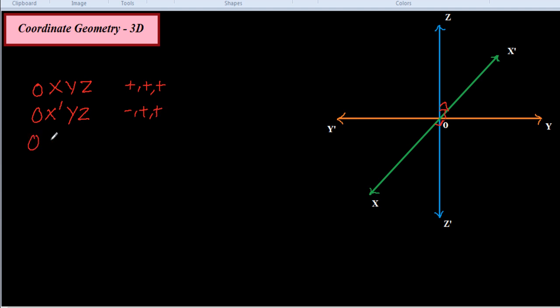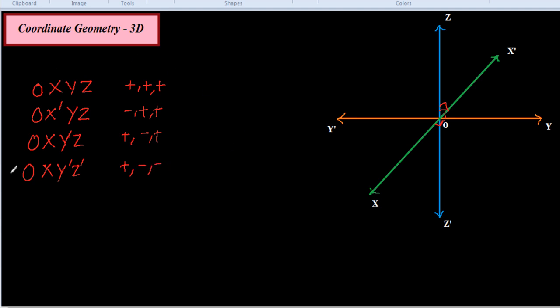If you have O-x-y-dash-z, then x is positive, y is negative, and z is positive. If you have O-x-y-dash-z-dash, x is positive, y is negative, and z is negative.